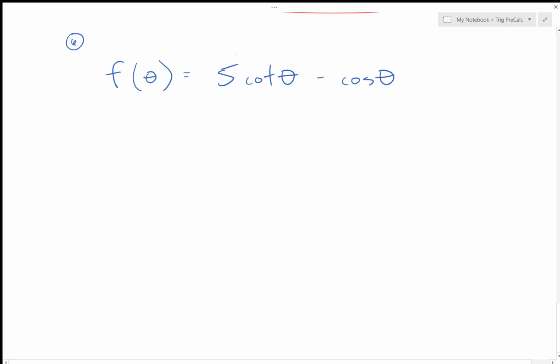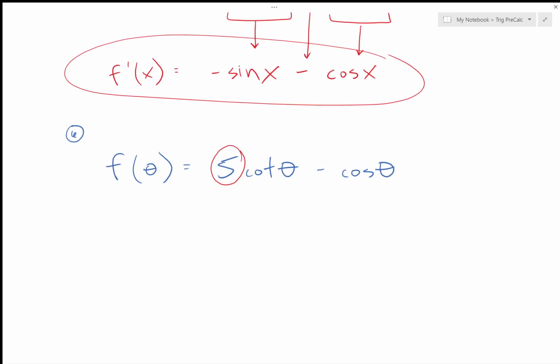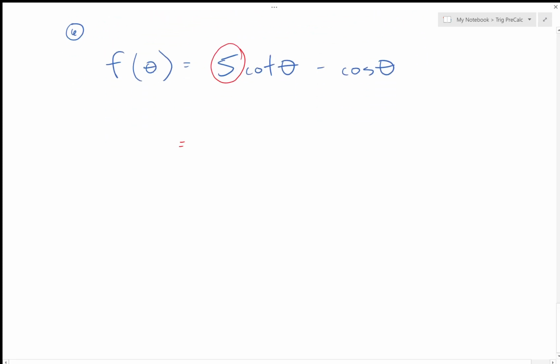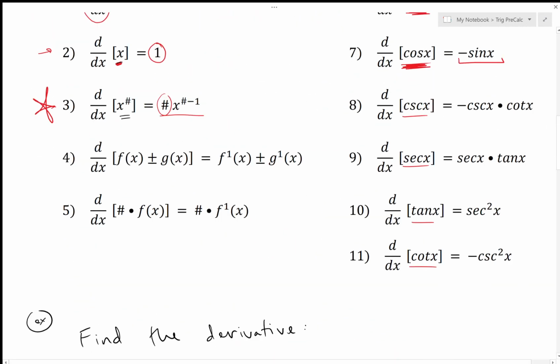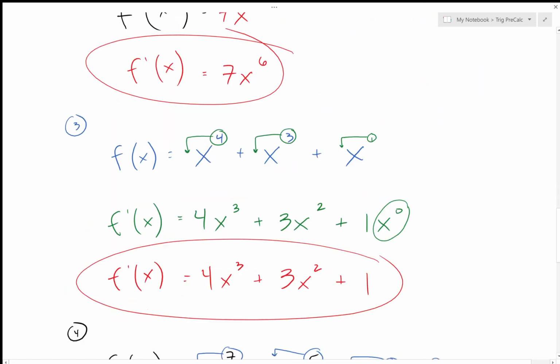Now in this case, there's a 5 already in the front. Anything in the front just kind of gets left alone. Okay, that doesn't change at all. So 5 is going to get moved down. So we've got f prime, or the derivative of theta. Let's find the derivative of cotangent. Okay, derivative of cotangent. Scrolling way back up here. Derivative of cotangent is negative cosecant squared. And we're using theta instead of x.